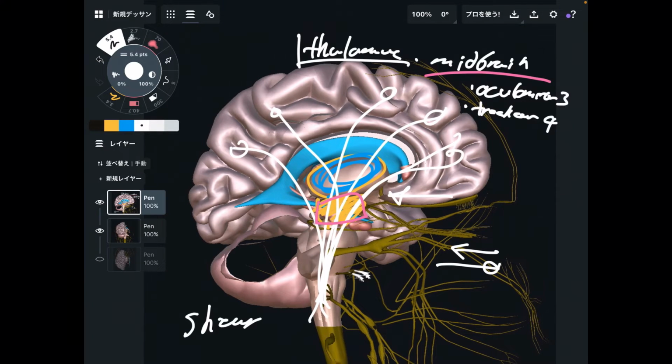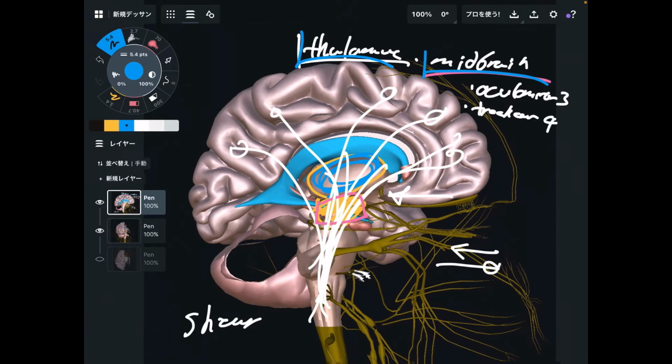Oculomotor is number 3. They are important for eye movement. Plus, there are a lot of important nervous tissue pathways in midbrain. Plus, there is important tissue such as substantia nigra, which is important for smooth movement. Anyhow, thalamus and midbrain are very important places.